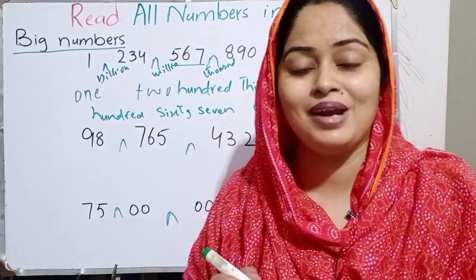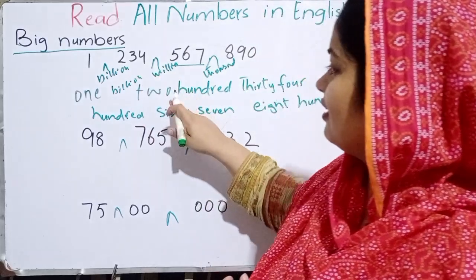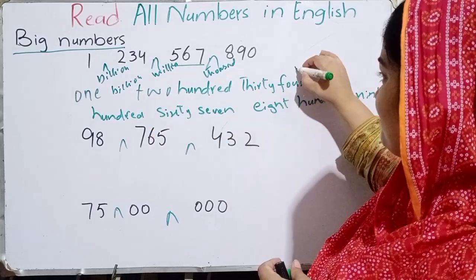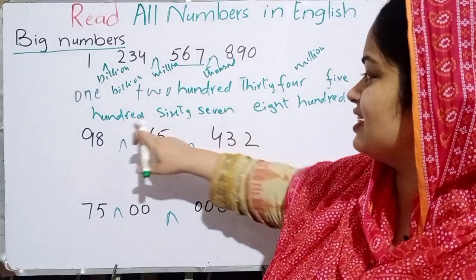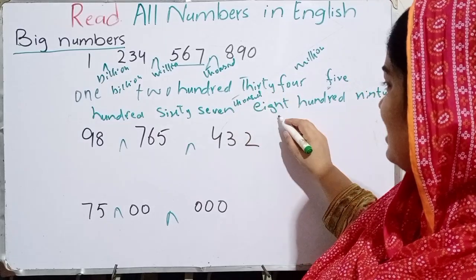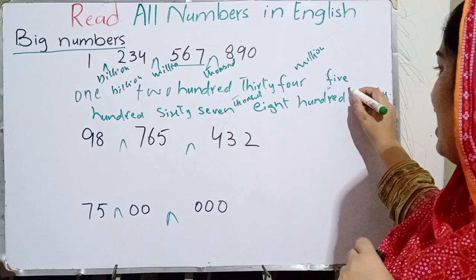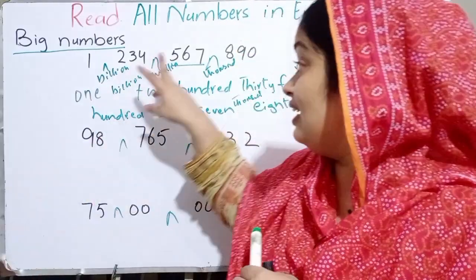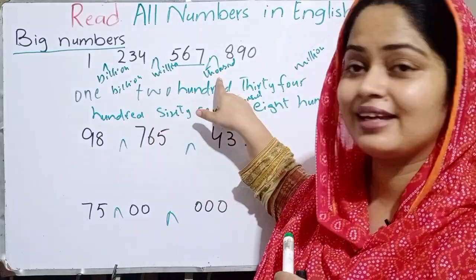You only have to place them: 1 billion, 234 million, 567 thousand, 890. After the last 100 you should place 'and'. How easy it is. If there are 3 gaps, the first gap is billion, the second gap is million, the third gap is thousand.